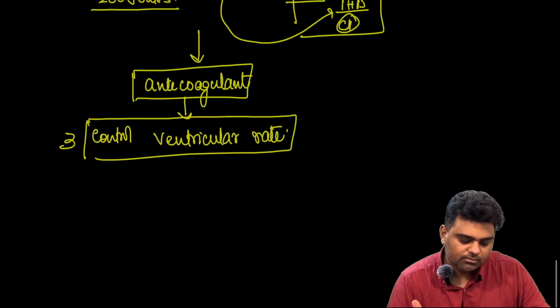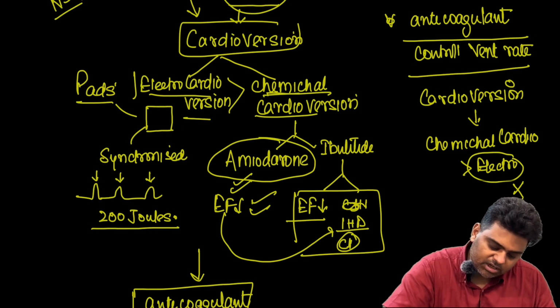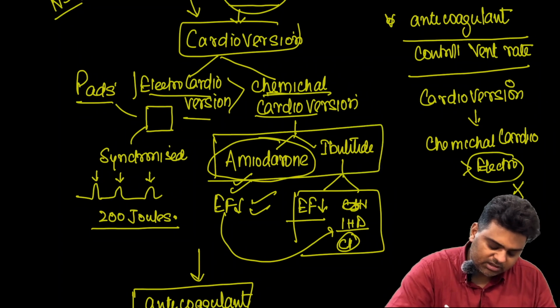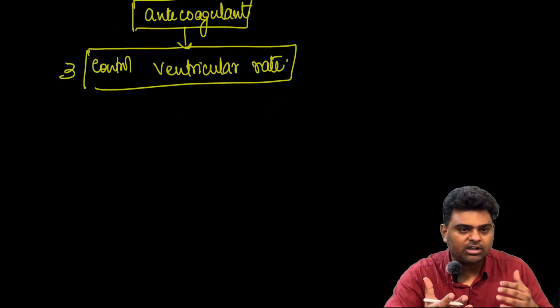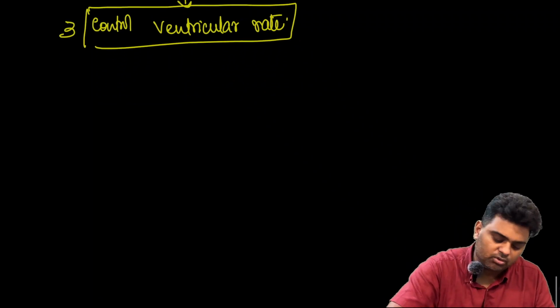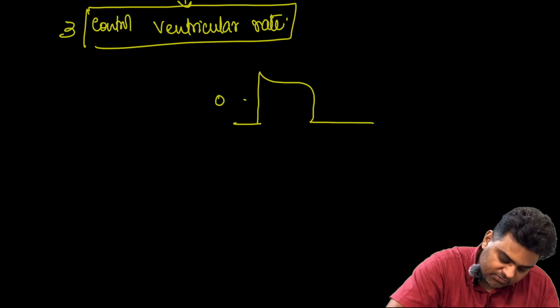Now coming to these drugs, amiodarone and ibutilide. See, first see how they convert a non-sinus rhythm to sinus rhythm. We know that if we see the action potential graph, it is like this. This is the zero phase where sodium comes inside the cell. Then this is the first phase where potassium goes outside the cell.